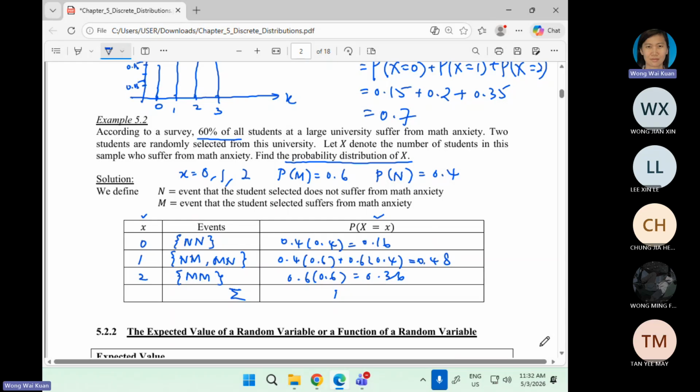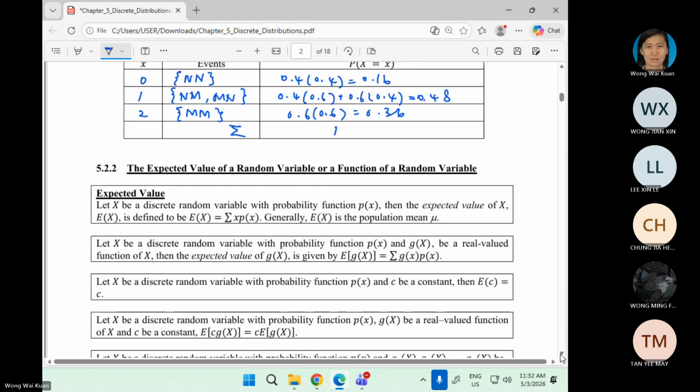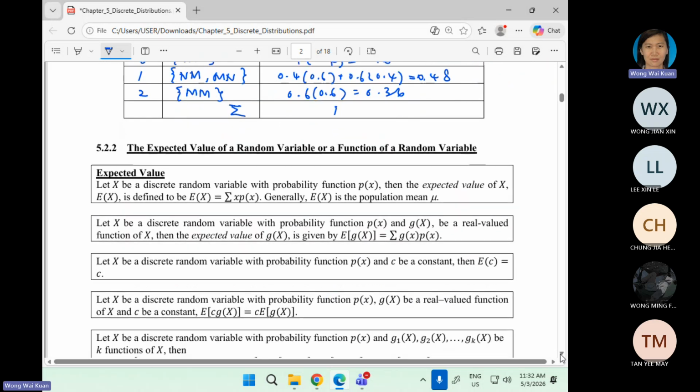Okay, so now, after we know the distribution, then we can find the expected value. So the expected value of a random variable or a function of a random variable. That means we are looking for the expected value of a random variable, so that is EX. I can also look for the expected value of a function, so I can also look for EGX.